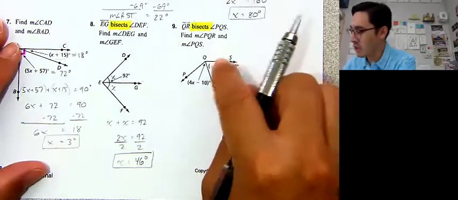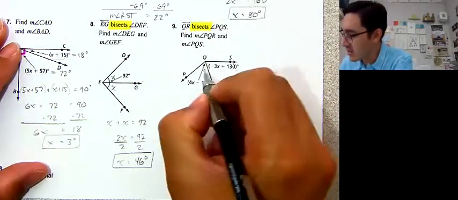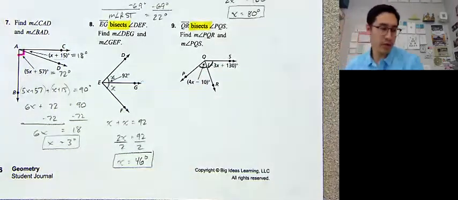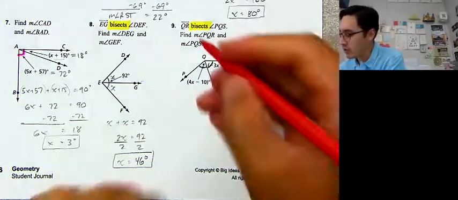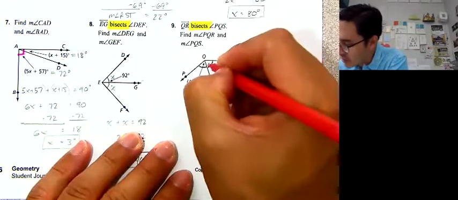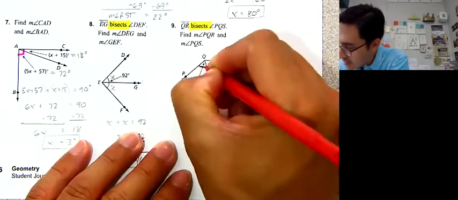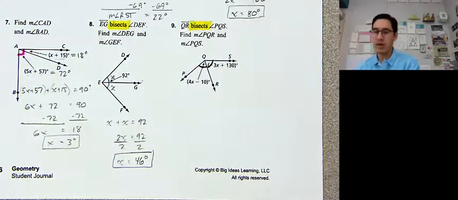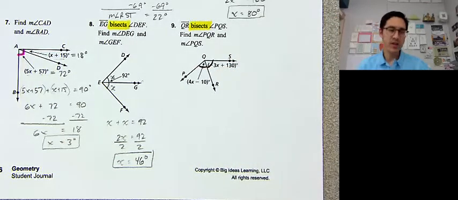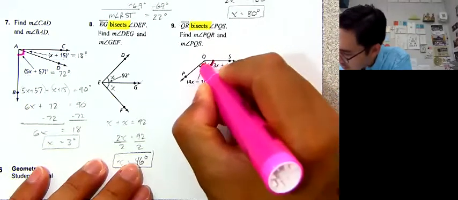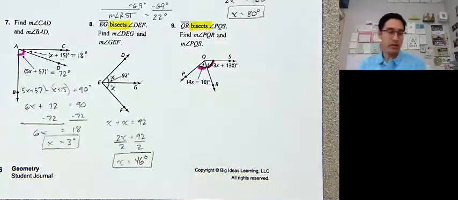Because we have an angle that's being bisected, we know that the two smaller angles will be congruent. The way we show congruence is we put a little red arc showing that those two angles are congruent. That's not showing up too well, so let's use the highlighter. Each of those two angles is congruent.